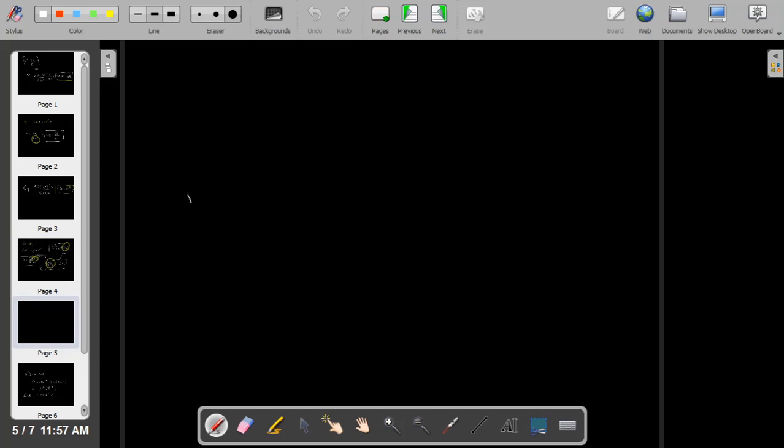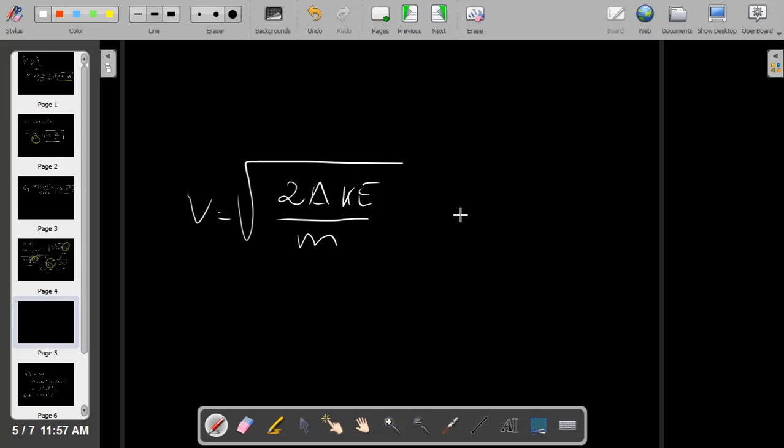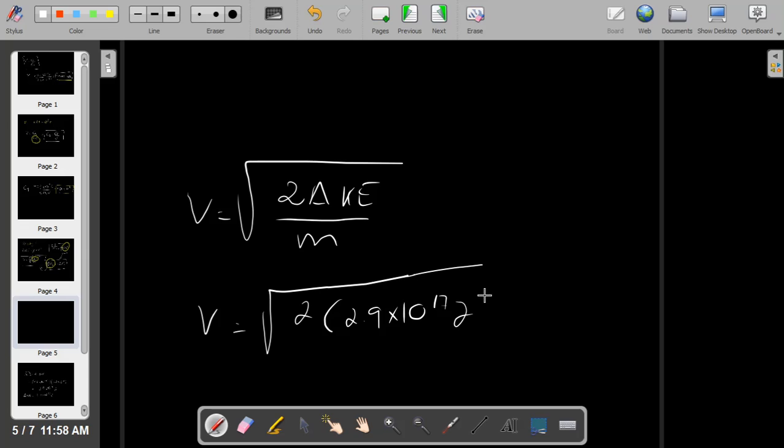So our velocity now equals the square root of 2 times change in kinetic energy divided by the mass of the particle that is moving. So we have everything we need because we just calculated the kinetic energy. 2 multiplying the 2.9 times 10 to the 17 joules. I'm going to extend these. Divided by the mass of this particle that is moving, and that's the electron, and that was given to us.